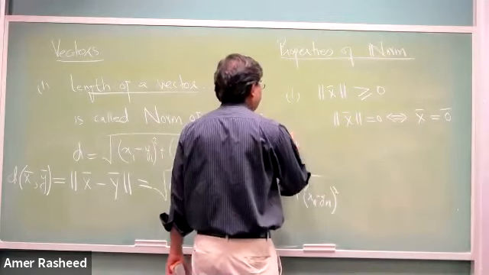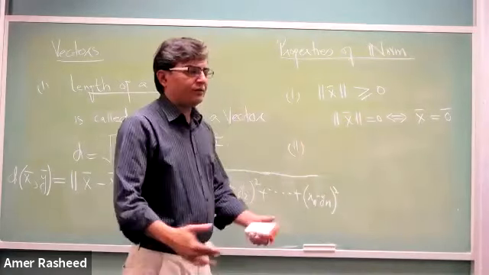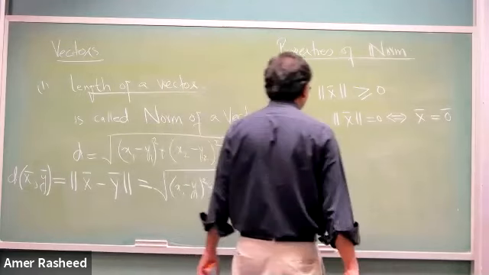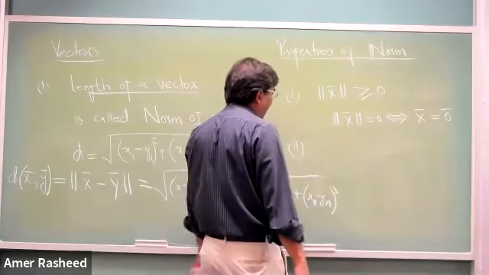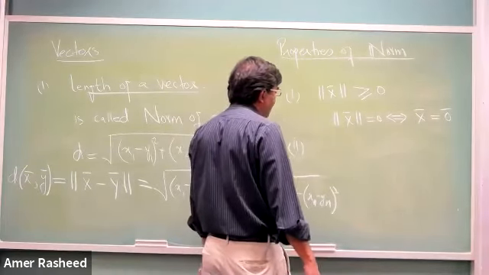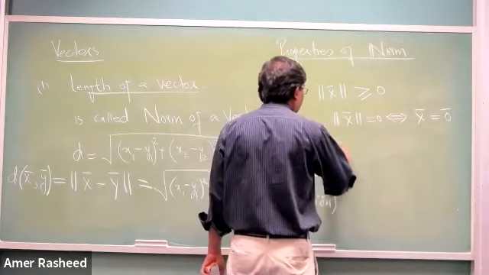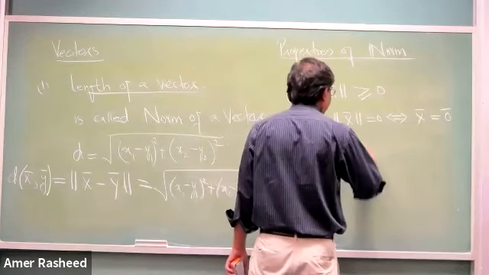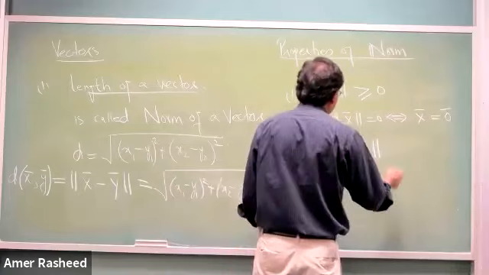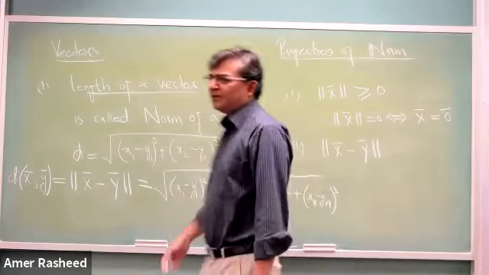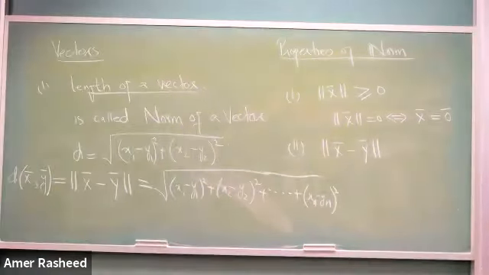These are natural, common sense properties you have to remember. The second property is that the norm, or the distance, is commutative. It's obvious. Let me confirm the second property.